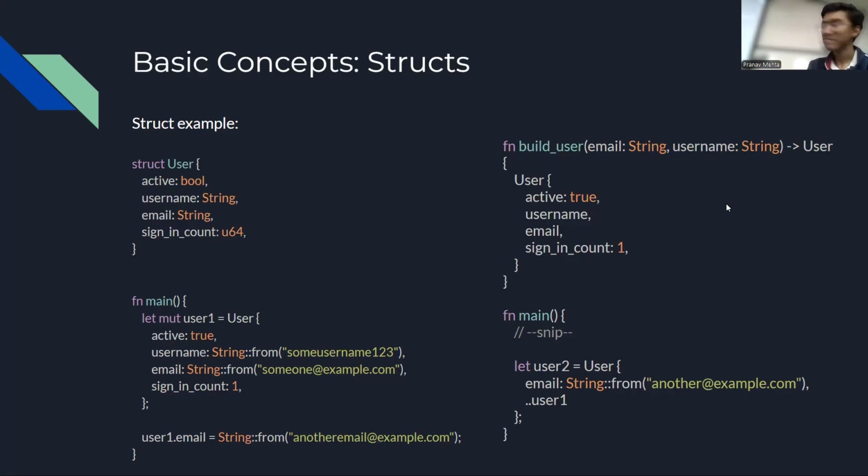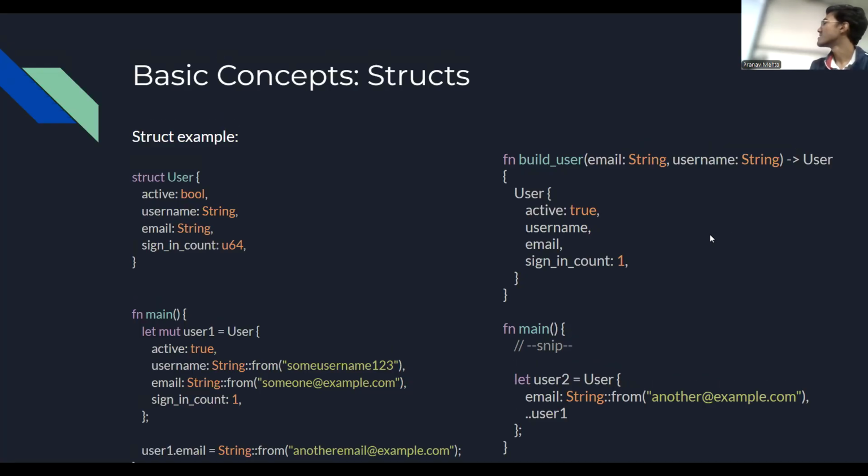When you want to return a value, you just don't have a semicolon. So this user is actually an instance that gets returned from the build_user function. When you want to create new instances, you could just do let user1 equals build_user, and then pass those parameters to that function. And then you can let user2 equals build_user, let user3 equals build_user, etc.